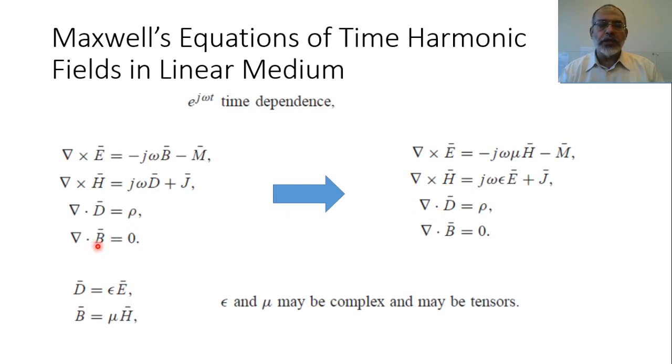And here the divergence of B equals 0. So we can say that the divergence of mu multiplied by H would equal 0. And in a special case, if the medium is constant, so mu is independent of space, we can say the divergence of H would equal 0.